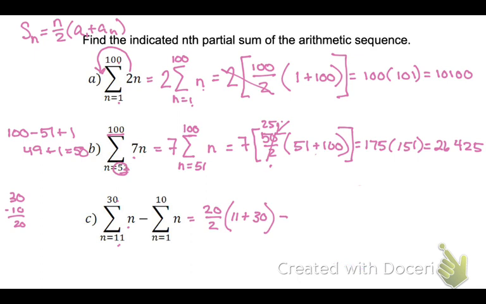Now the next one starts at 1, so am I easy? If it starts at 1, is it always going to be the upper limit? Yes. But are they always going to start at 1? Nope. So 10 over 2 times 1 plus 10. So 10 times 41 minus 5 times 11.